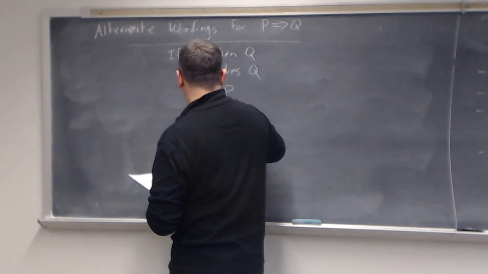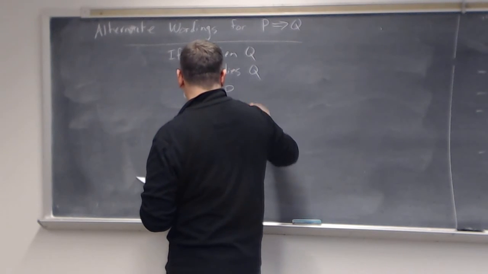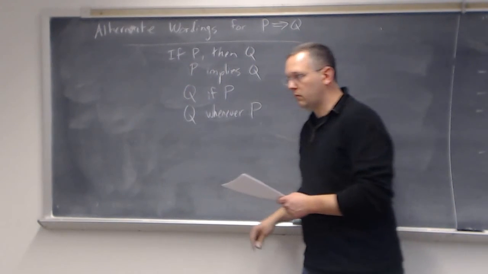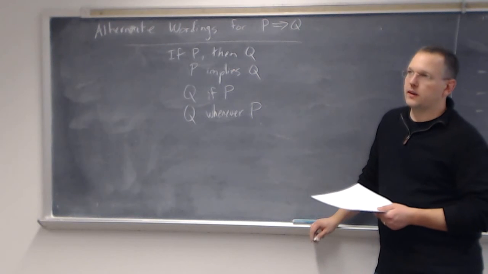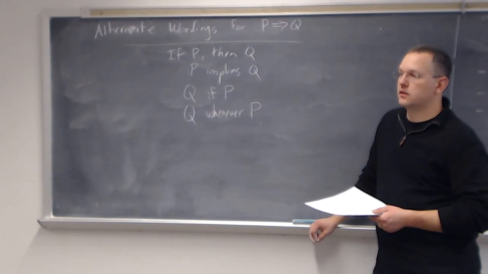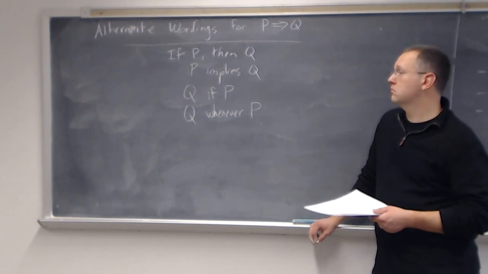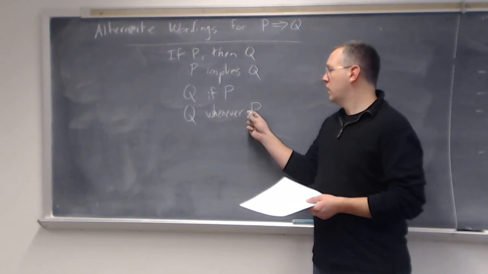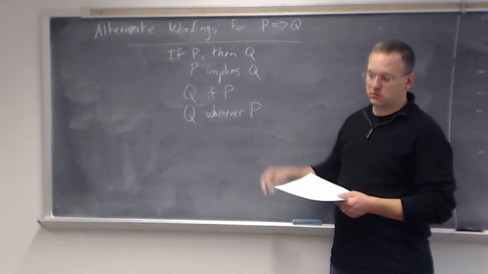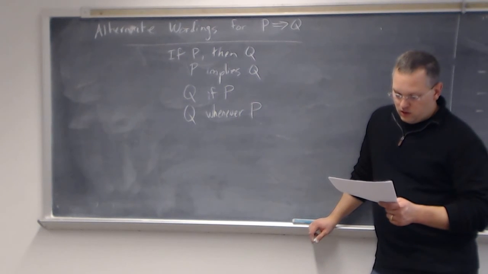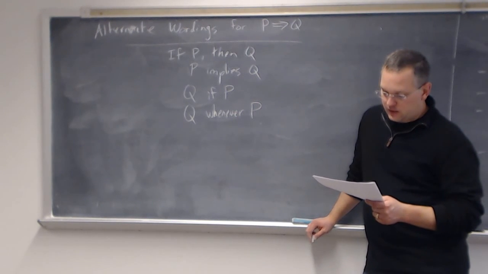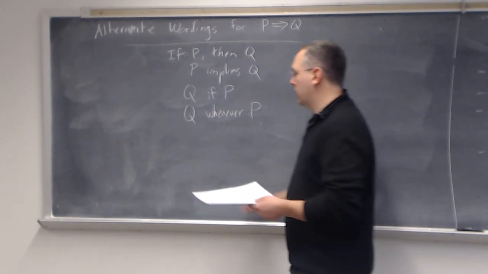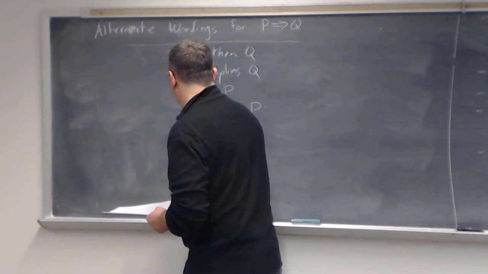Q whenever P. That example again: I will lower taxes whenever I'm elected. So that forces Q to be true exactly when P is true. P is a sufficient condition for Q. Now we're getting kind of math-speaky here.